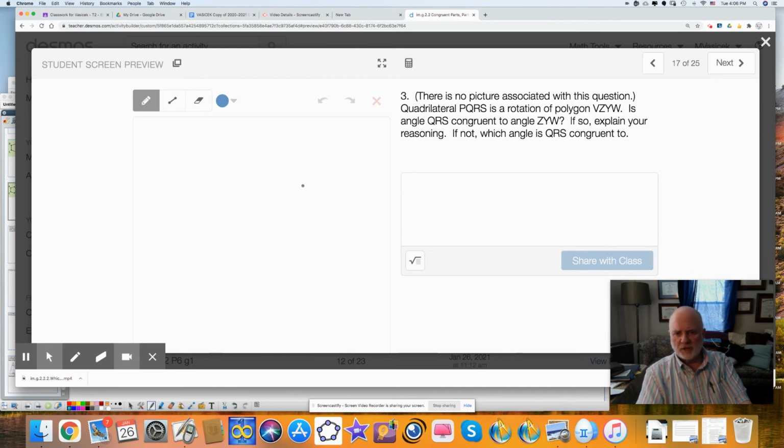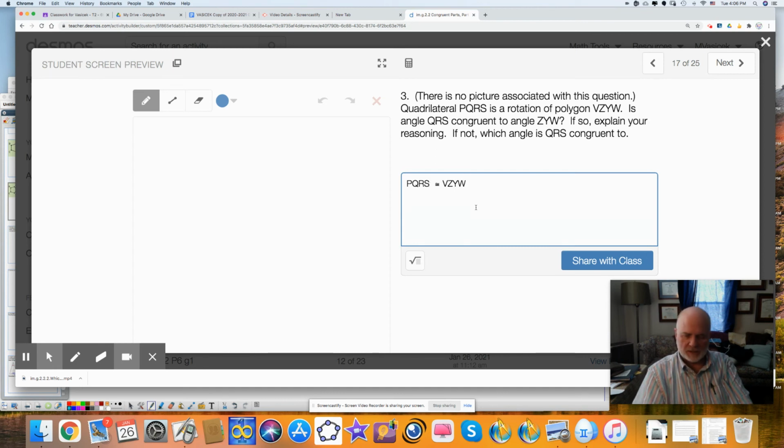There's no picture associated with this one. We're given quadrilateral PQRS is a rotation, so that means that it's going to be congruent, not a triangle, to BZYW. And we're asked: is angle QRS congruent to angle ZYW?